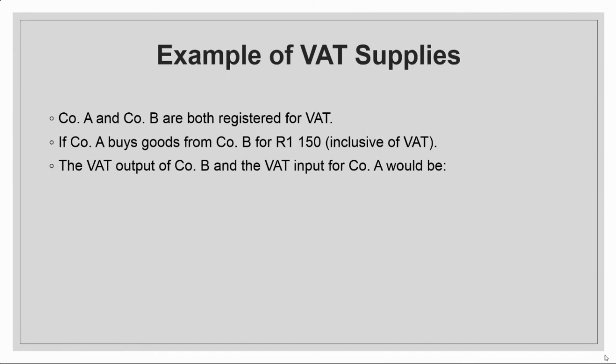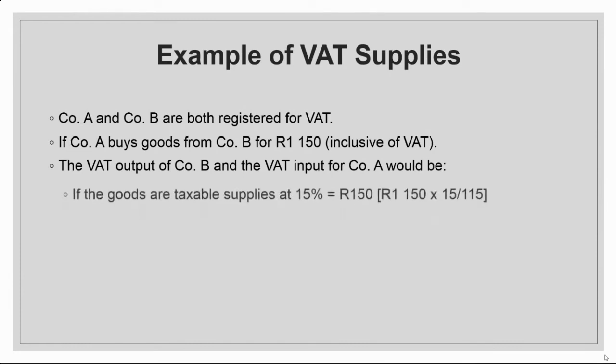Now, if company A buys goods from company B for 1,150 inclusive of VAT, that means company A has bought the goods, so they can now claim input VAT, whereas company B sold it and they have to raise output VAT on that transaction. Okay.